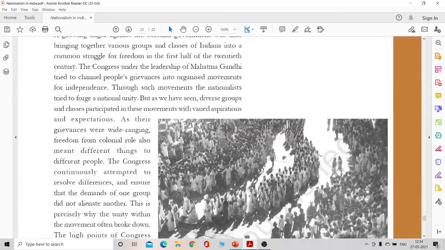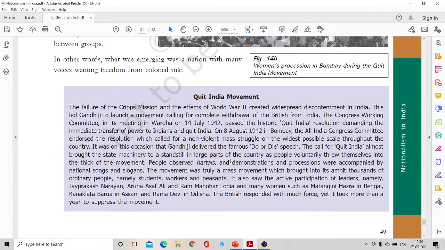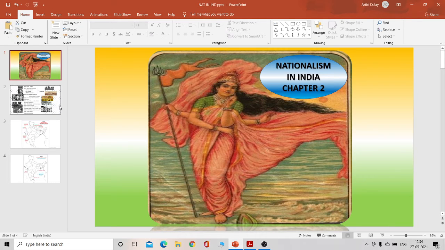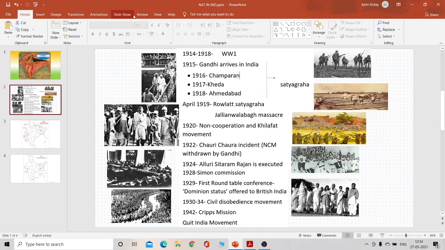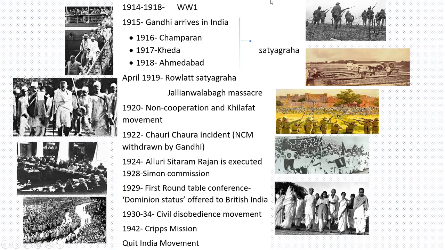Right? So this chapter is quite big. That is why I have created a timeline as well, which you can see here, right? So you can definitely note down the timeline. It starts from 1914, 1918 World War One, and of course ends with 1942 Cripps Mission, Quit India movement.